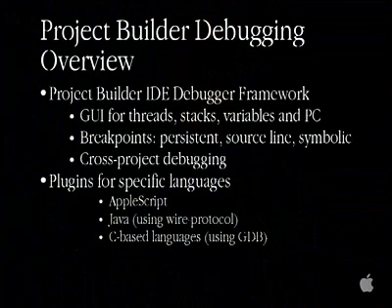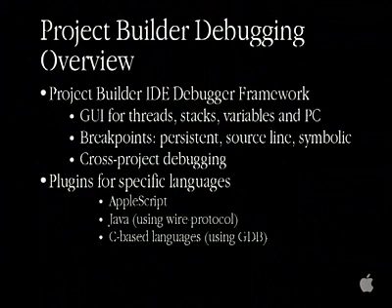Project Builder, the IDE, provides a generalized framework for debugging. It has a user interface that presents threads and stacks and variable views and so forth. It helps manage your breakpoints and has support for cross-project debugging. And within that framework, we have 3 plugins for specific languages.